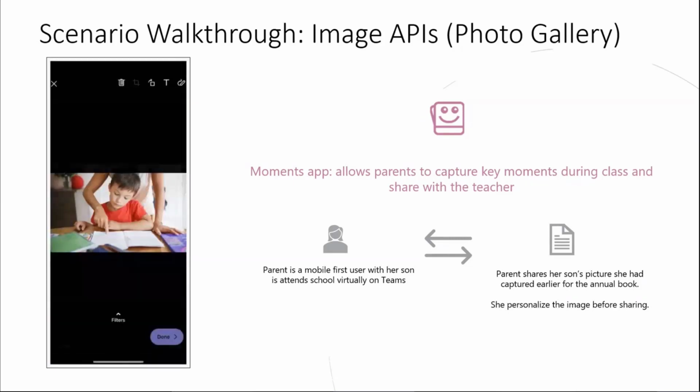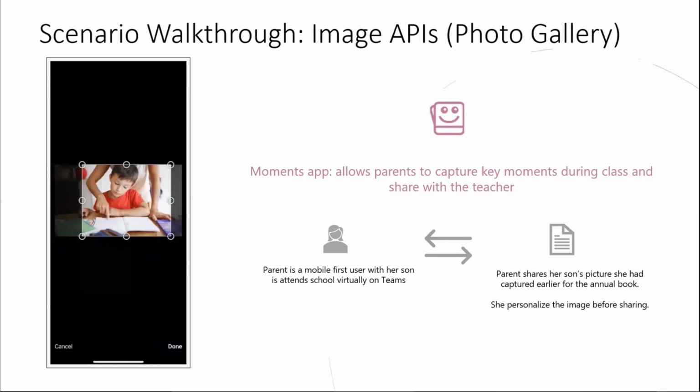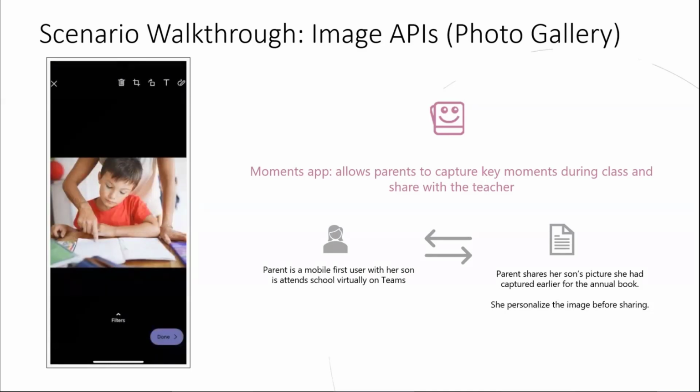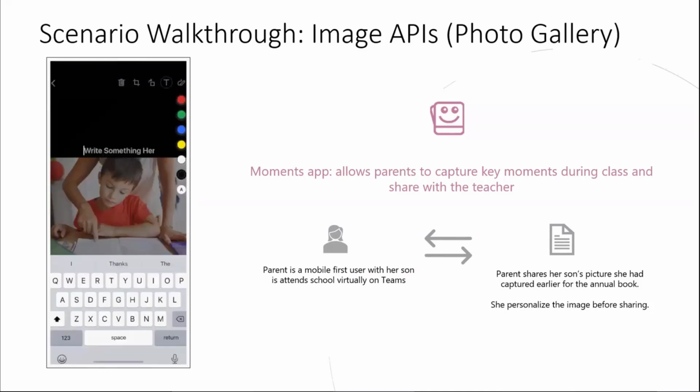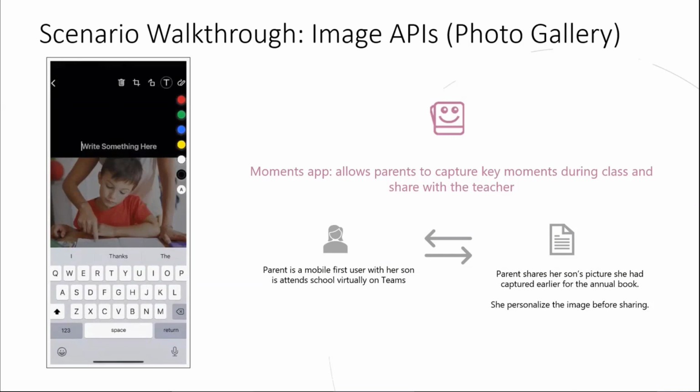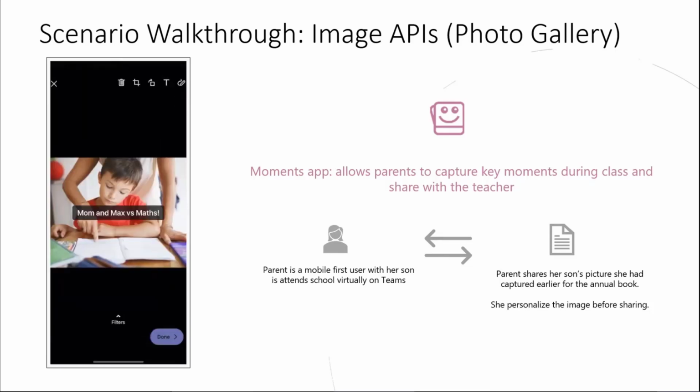For example, the scenario here is there's an app. A parent is trying to share the image of his or her child working with the classroom in a particular app. As you saw here, the app could directly access certain functionalities which are natively available, and the parent is able to either click an image from the camera or just select one from the gallery.